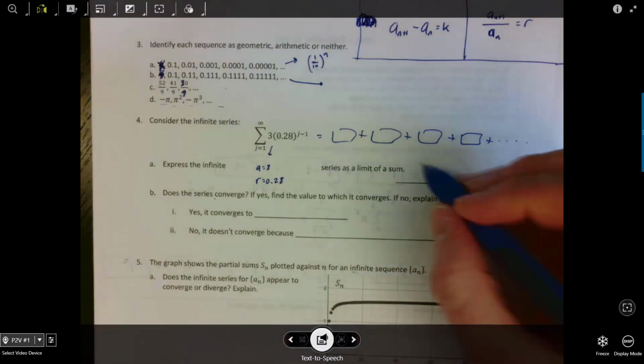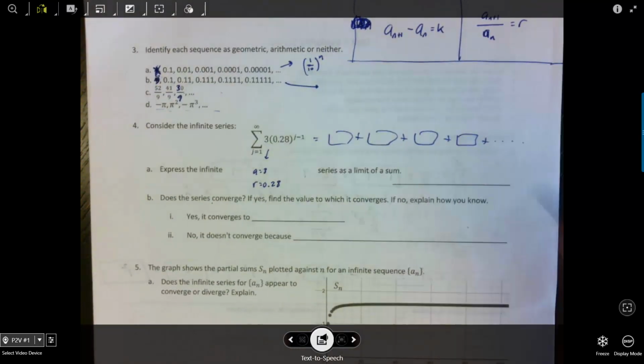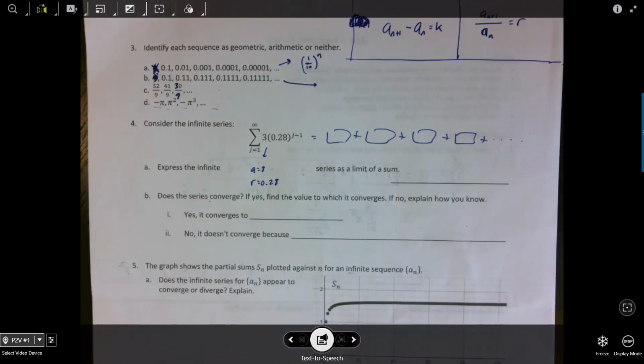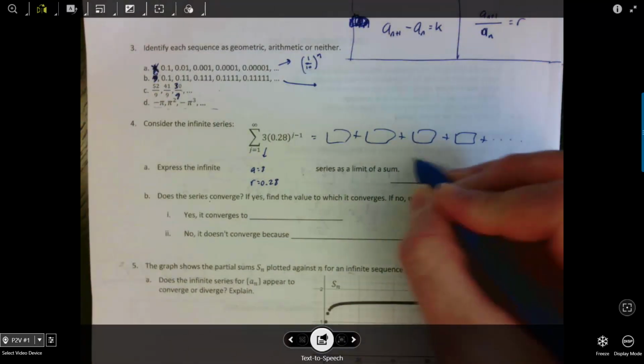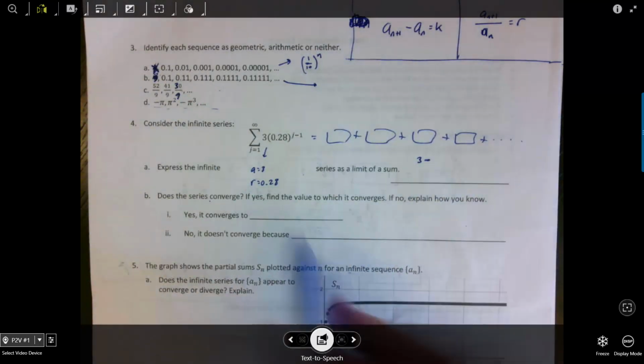So without writing a limit yet, let's just write the sum of the first n terms. That should be equal to the first term, which is 3, minus the term after the last term.